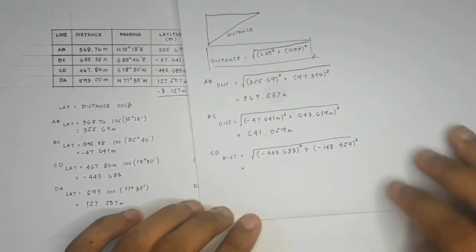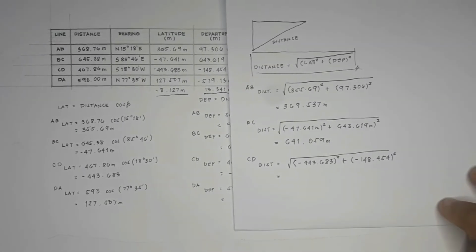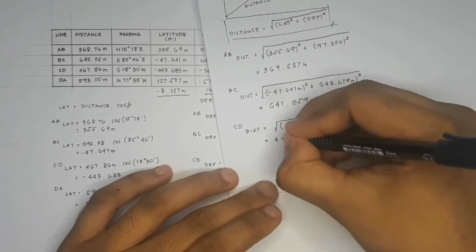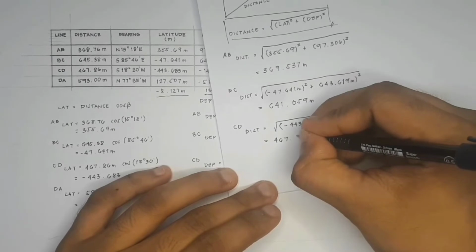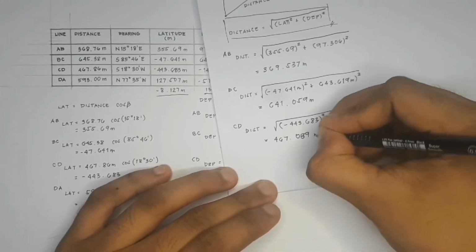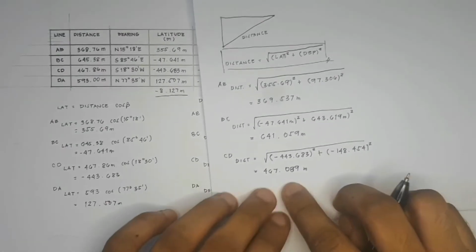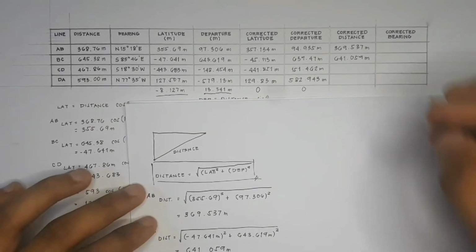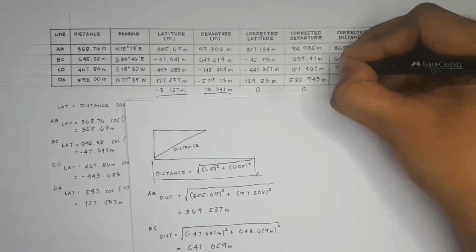So this will give us 467.089 meters. So this is the corrected distance of our line CD.